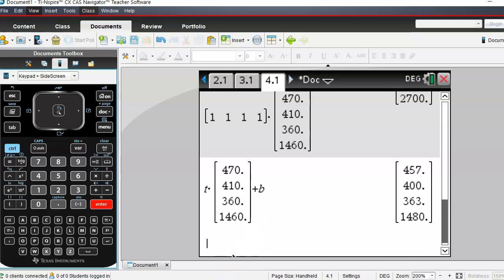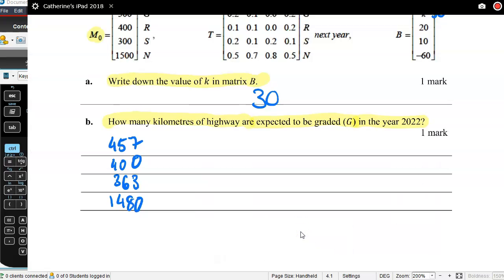Okay. So there's our matrix. Now that's not what we've been asked to do. We've been asked to give how many is meant to be graded. So that's our top one, so that's 457 kilometres. You must extract the relevant information from the matrix if you're just asked for one thing.